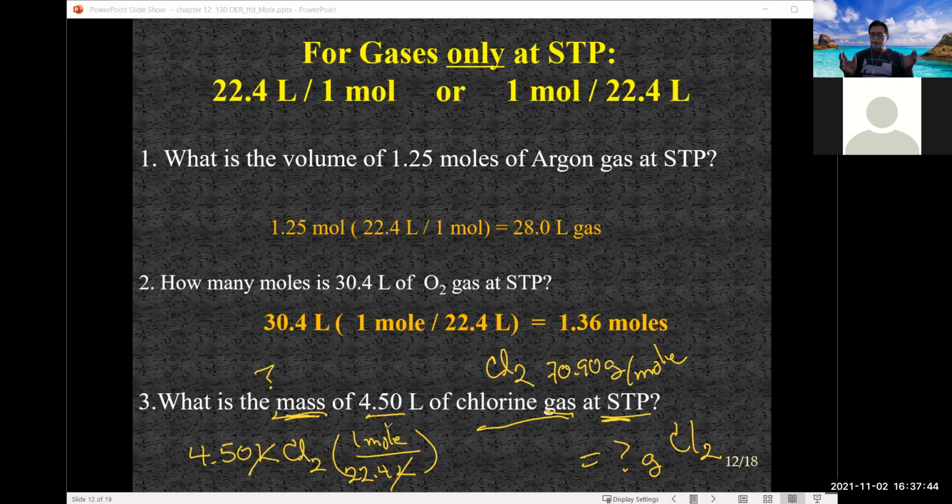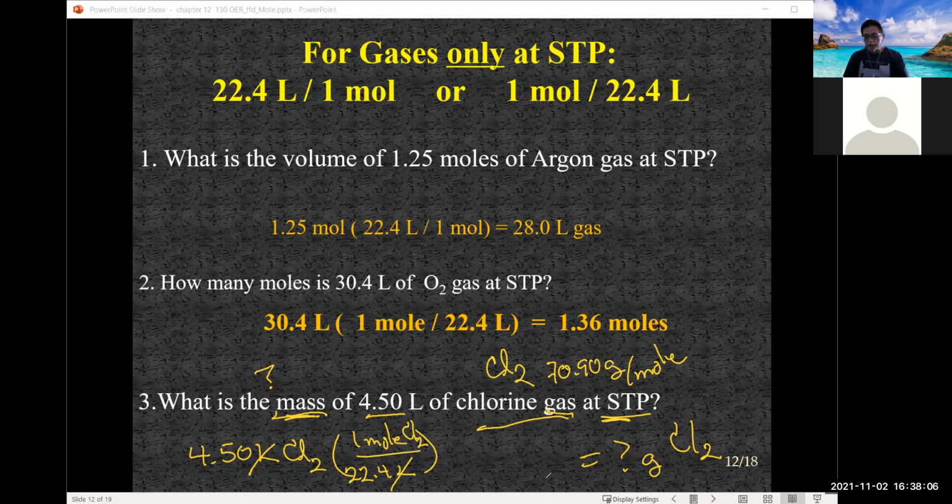Here's our common factor. I've got volume, and I've got to get to weight. Well, how do I combine the two? How do I get from volume to weight? I get there by the units of moles. And so this first factor converts the volume of chlorine to the moles of chlorine.